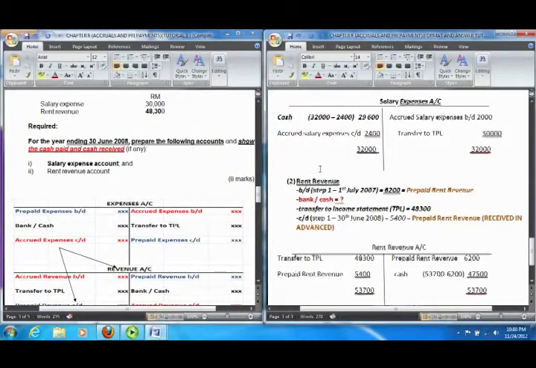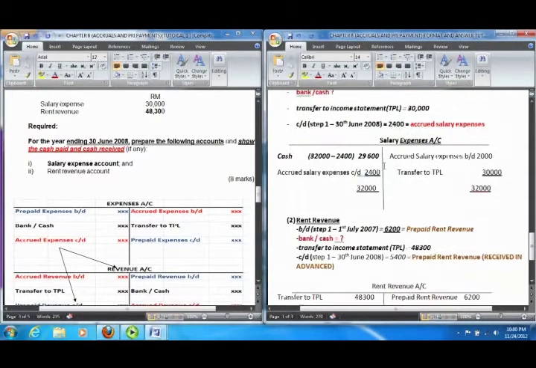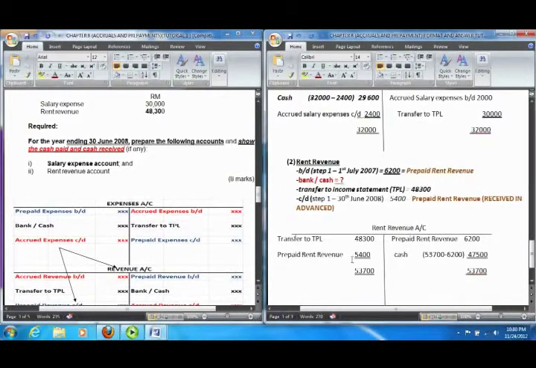Now class, is it enough for all the 4 pieces of information in your T account? Yes. How about revenue? Yes, class, it is. We must put BD to avoid confusion.